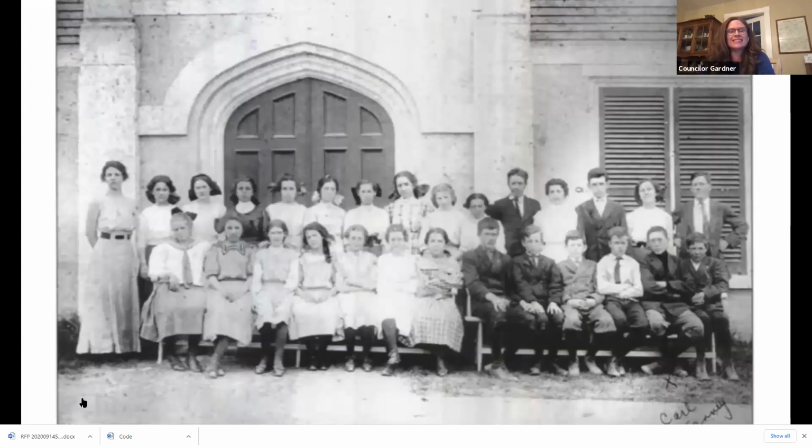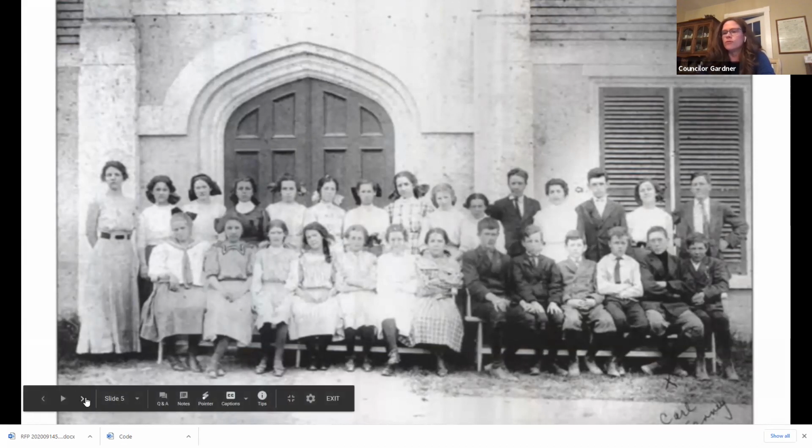So this is the entrance. I think this is 1916, and you can see some of the similarities. Obviously, the building was in a little bit better shape around the front area back then, and had some nice big wooden double doors and wooden shutters. Of course, many modifications have happened to the building over time, which we'll see more of.